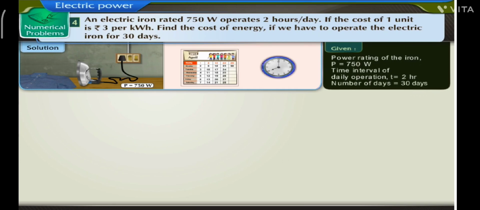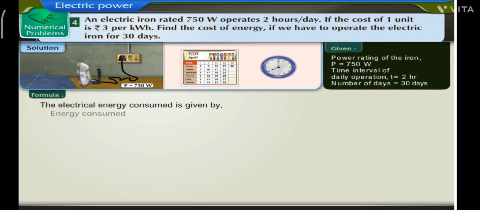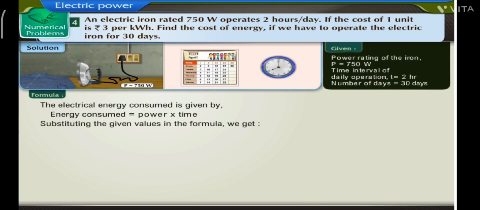Number of days is equal to 30 days. The electric energy consumed is given by energy consumed is equal to power multiplied by time. Energy consumed is equal to 750 multiplied by 2 multiplied by 30 is equal to 45,000 watt hours is equal to 45 kilowatt hours is equal to 45 units.